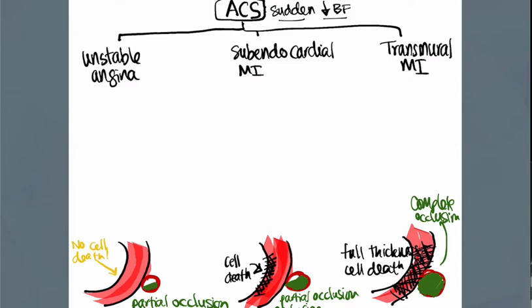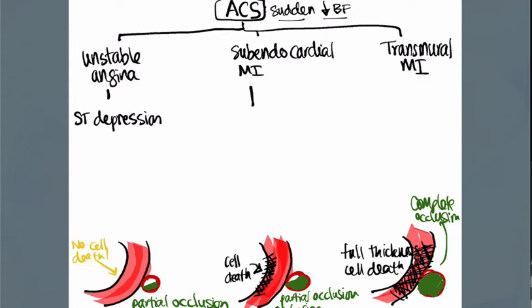But when they come in, they're going to be immediately given an EKG. And in unstable angina, you might see evidence of ischemia, but you would not see evidence of full thickness cell death. So under unstable angina, you might see ST depression, which is evidence of ischemia but not cell death, full thickness cell death.